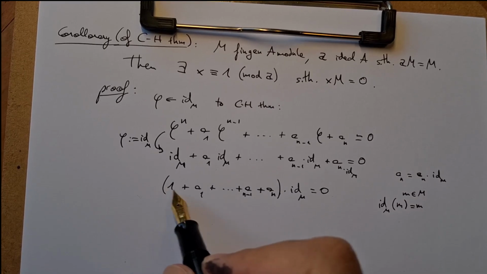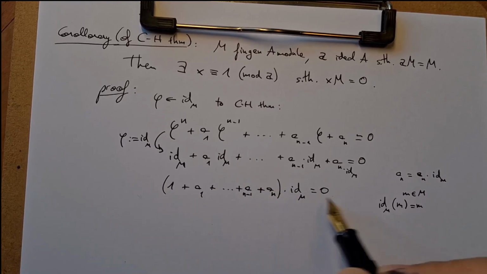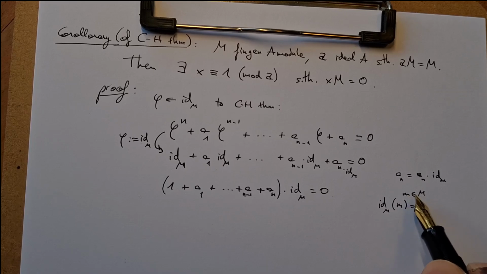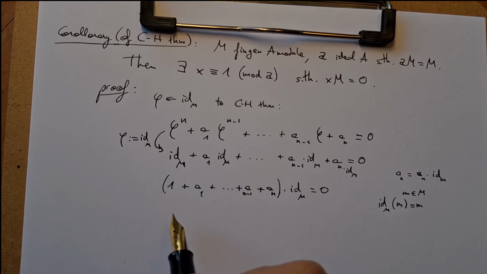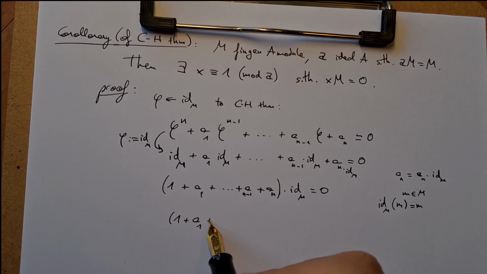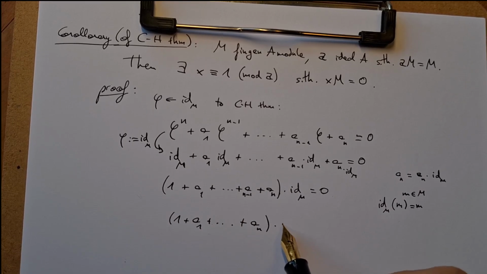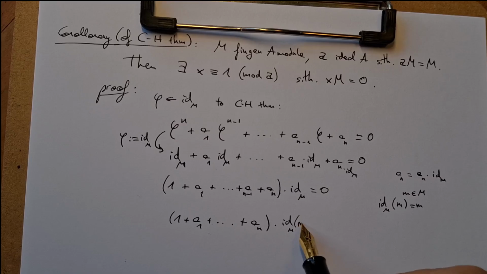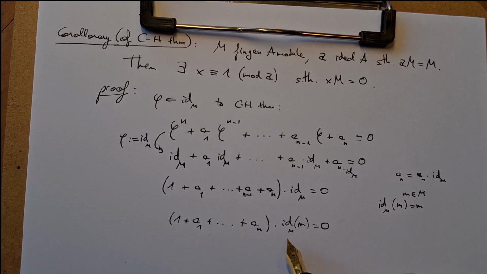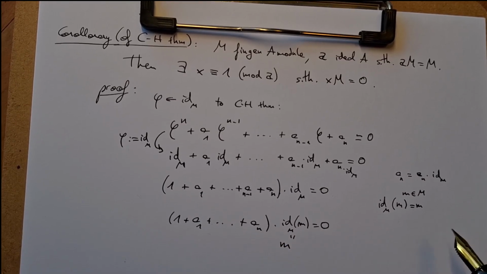So if we apply this equation to m being an element of the module M, what we will have is 1 plus a_1 plus etc. till a_n multiplied by ID_M of m, which is the same as saying m.